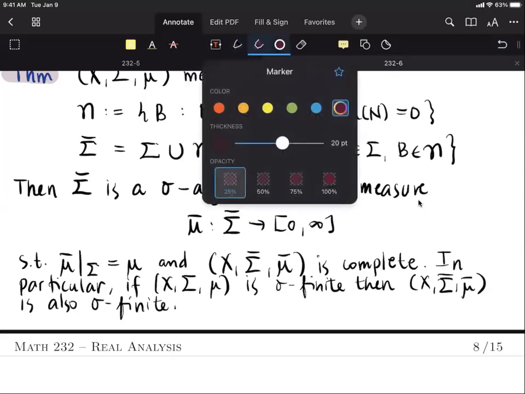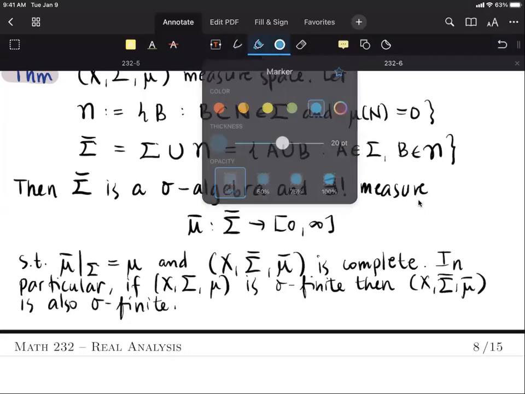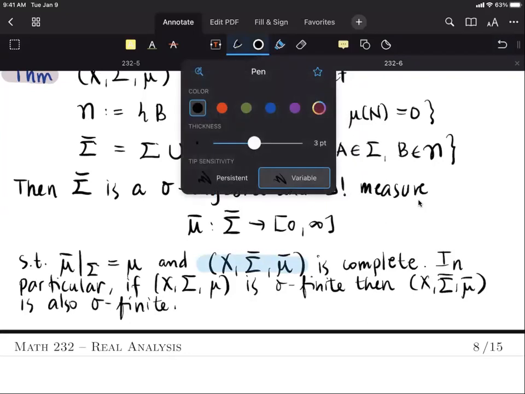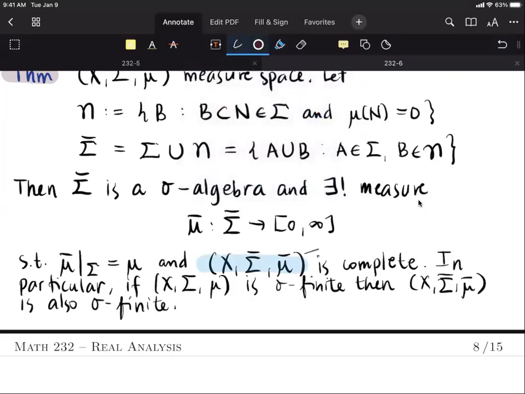So this complete measure space is what we call the completion of your given measure space X, sigma, mu.